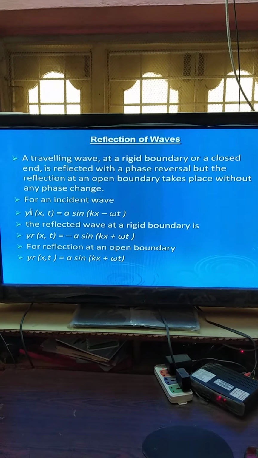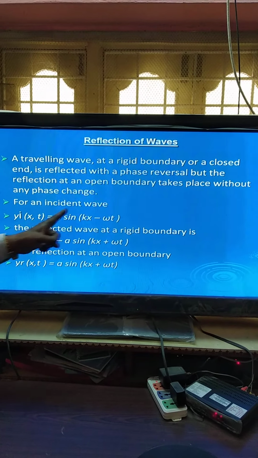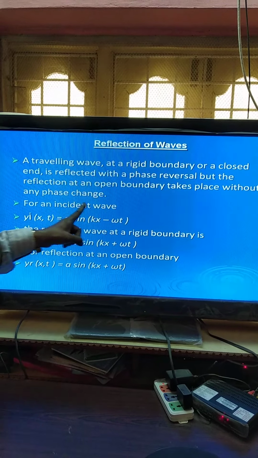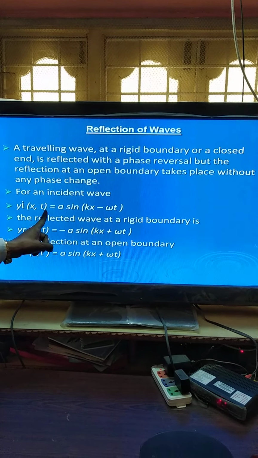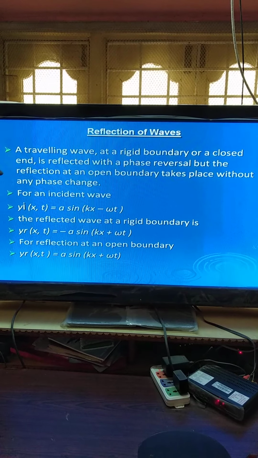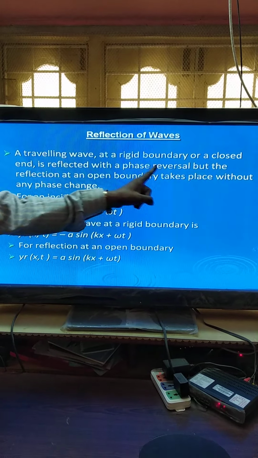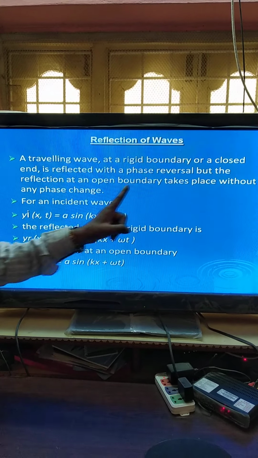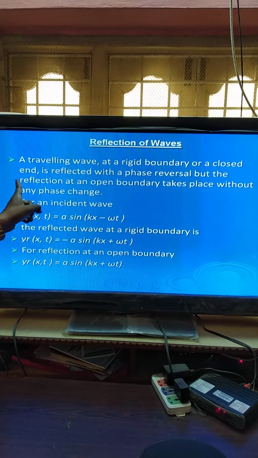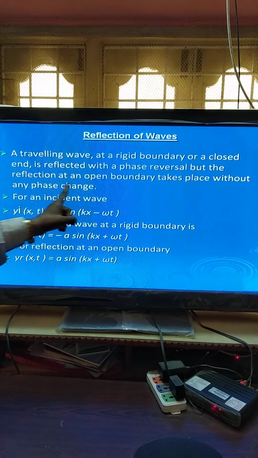For the reflection of waves, a traveling wave moving in the positive x direction is the incident wave, yi = a sin(kx − ωt). If the reflection takes place at the closed end, then phase reversal takes place, that means a 180 degrees phase difference occurs. And if the reflection is at an open boundary, then there is no phase change.